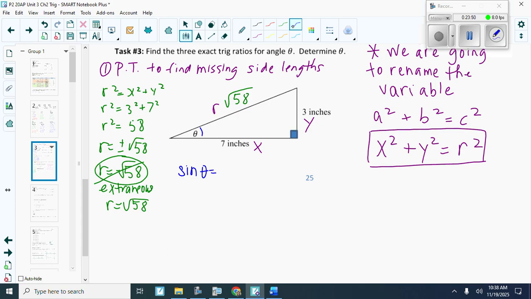So sine is going to be my opposite, so 3 over root 58. Don't forget to rationalize.